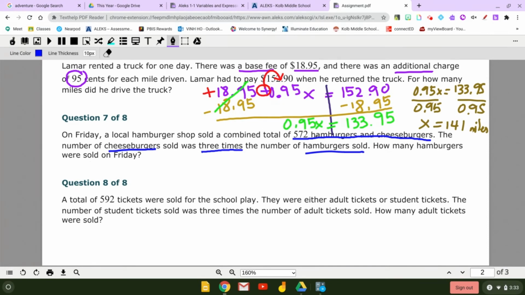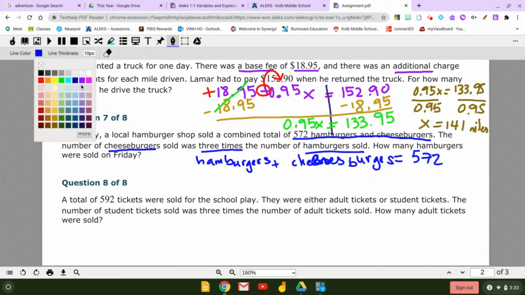Okay. So we have hamburger plus cheeseburger is equal to 572, right?